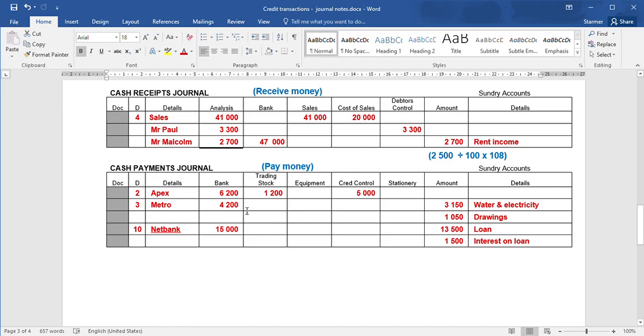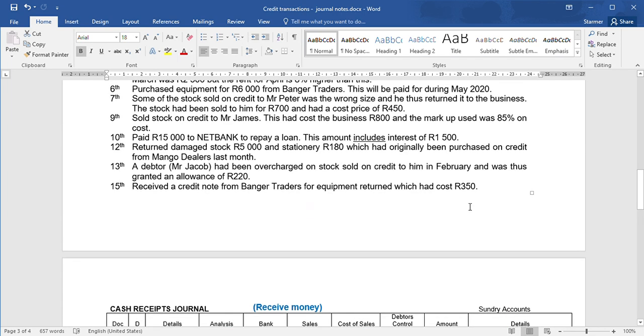The total you paid there was 4,200. 3/4 was for water and electricity, and 1/4 was for the owner's personal electricity, which is regarded as drawings. So to calculate those amounts, divide by 4 to get drawings, divide by 4 and times by 3 because it's 3/4 to get the water and electricity.